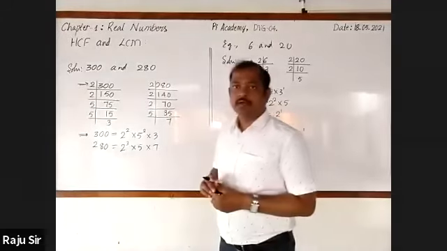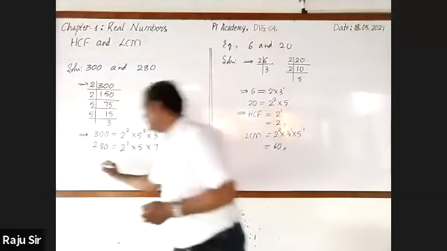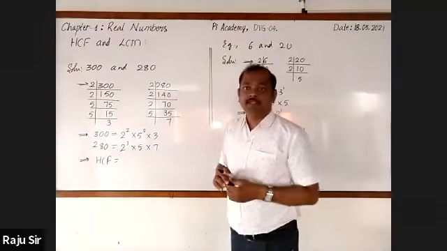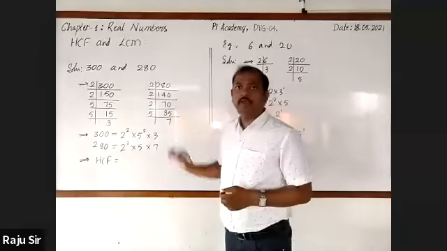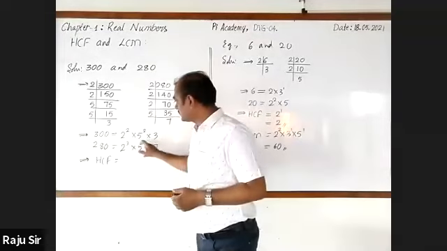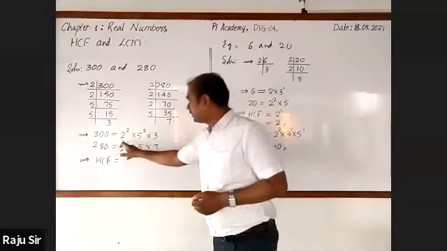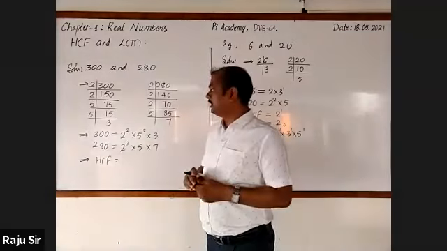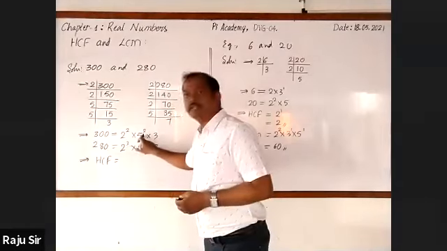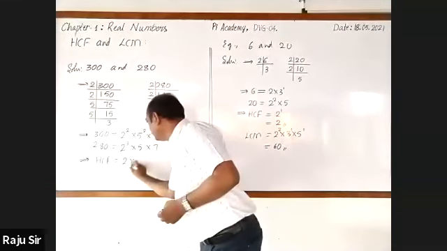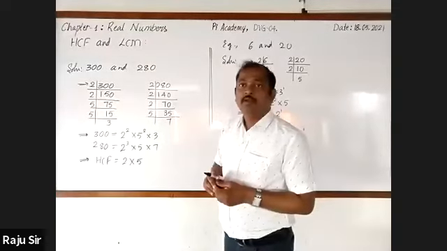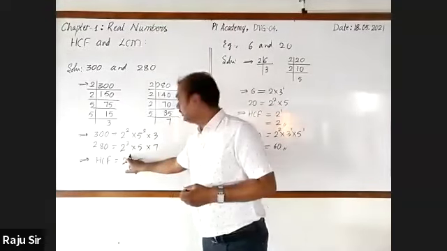Now let us find out their HCF and LCM. I already told you to find out the HCF, we will go for taking only common factors. Here, the common factors are, what are those? The common factors of both 300 and 280. There is 2 as well as 5. I'll write 2 into 5. Then we must take the least power of each of these factors.